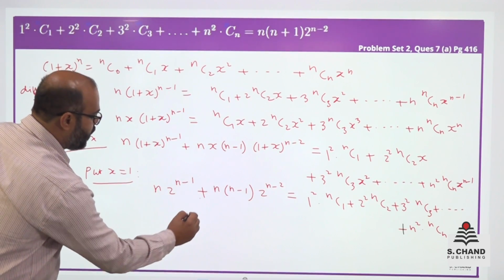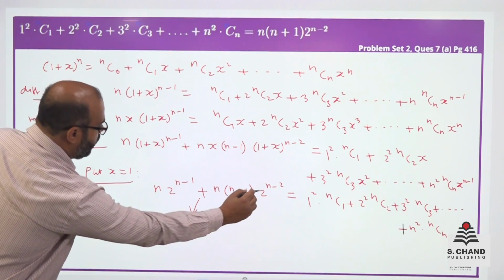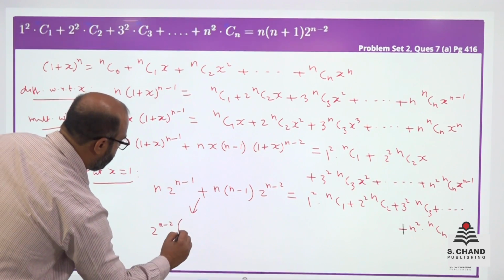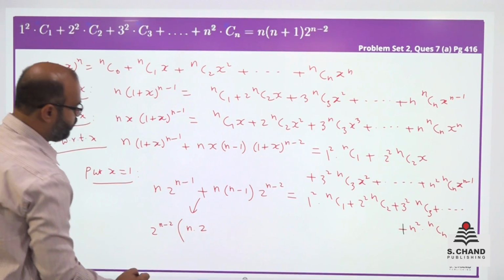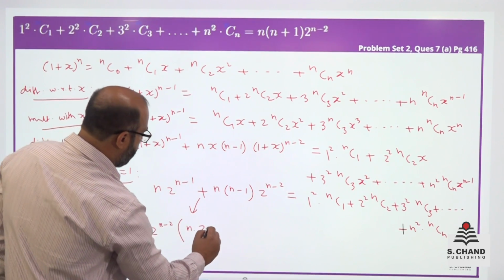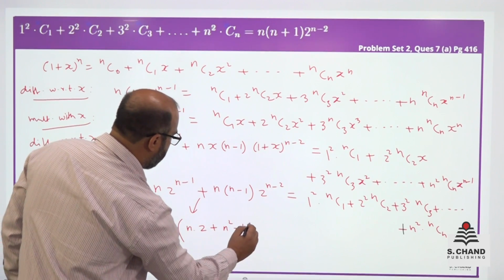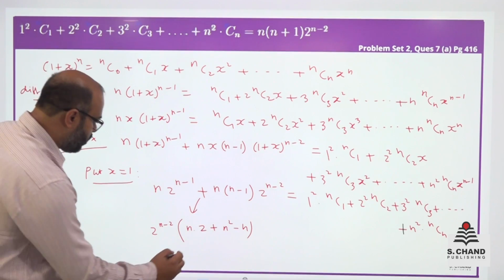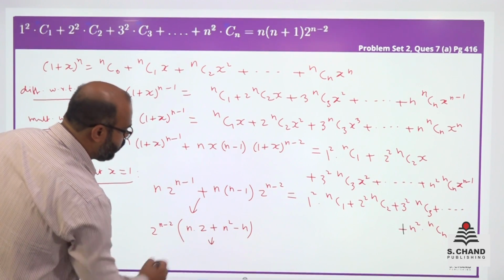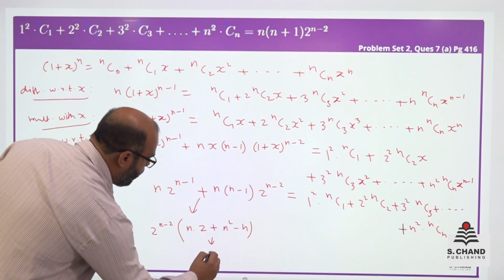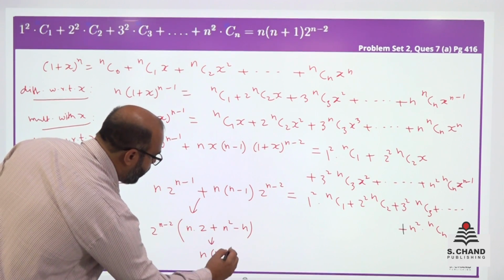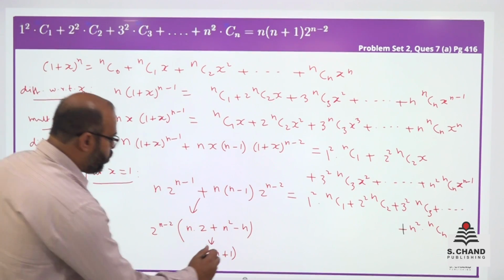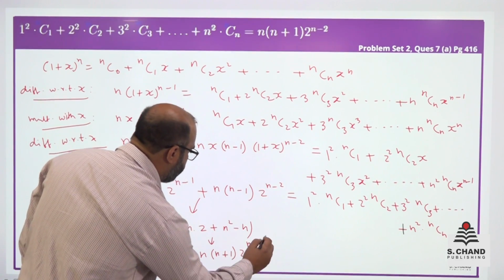And this finally becomes equal to, you can take something common, 2 to the power n minus 2 is common, so n into 2 will be here, plus n square minus n, so this will become n square plus n. n will be common, n plus 1.